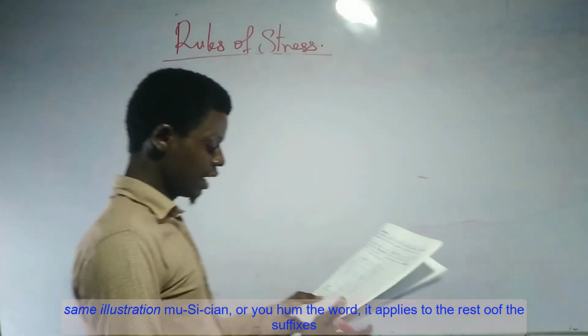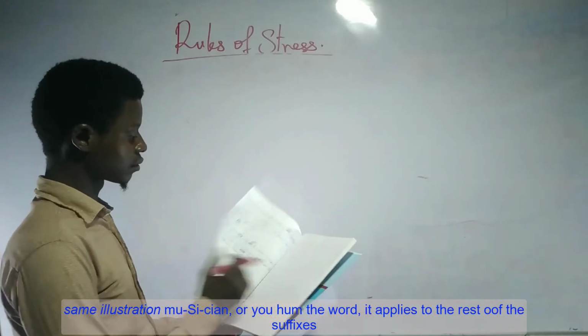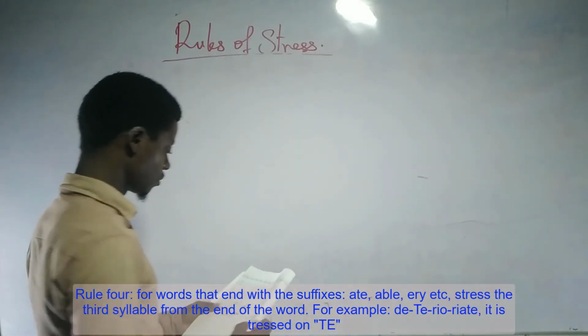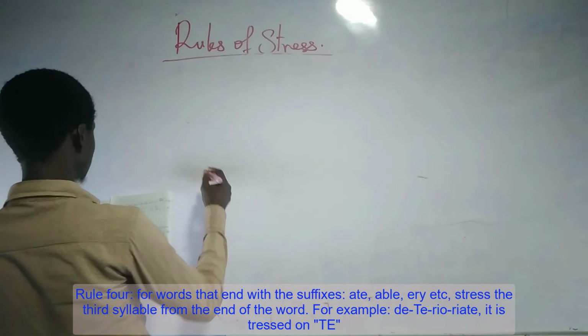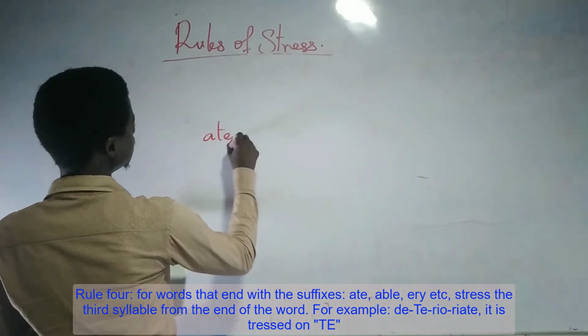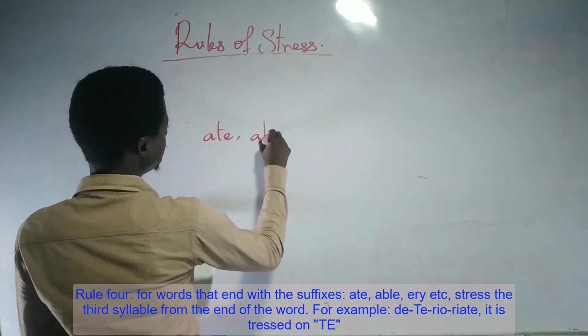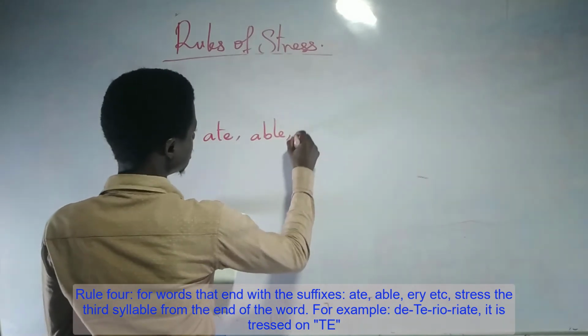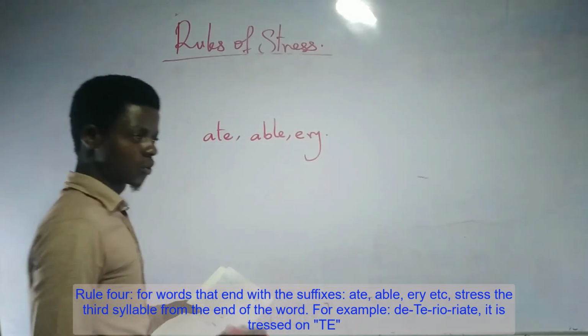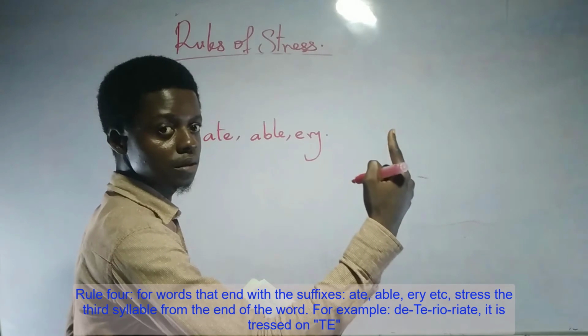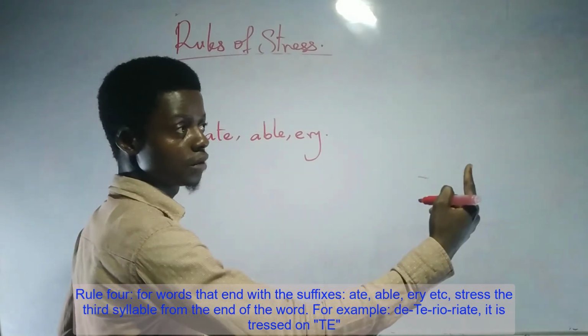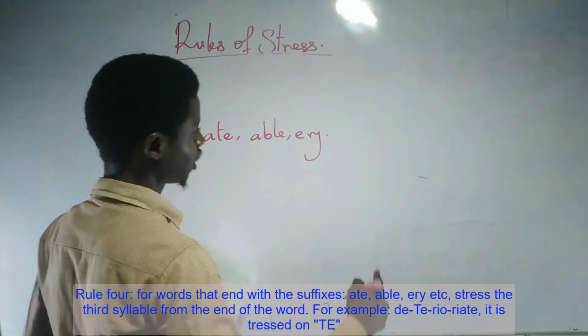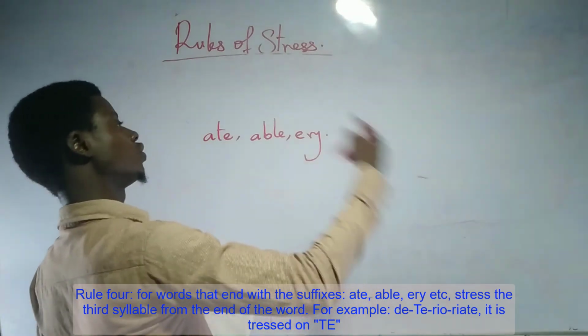For words that end in A-T-E, A-B-L-E, E-R-Y. This one, you stress the third syllable from the end of the word. This time you will not count 1, 2, you count 1, 2, 3.